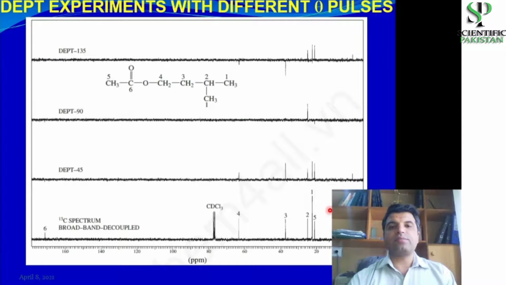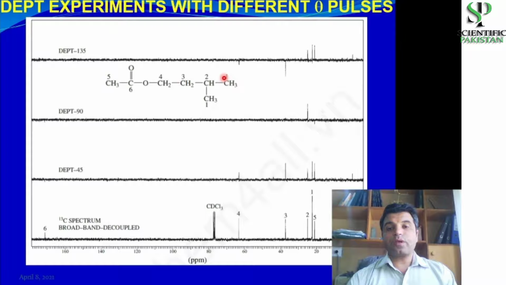So let's see an example of a depth experiment. We have the broadband spectrum of this molecule. We have the depth 45 spectrum here, the depth 90 is here, and the depth 135 is here. So you have the structure here. The carbon atoms are labeled as 1, 2, 3, 4, 5, 6.